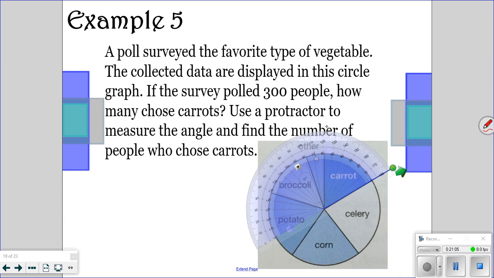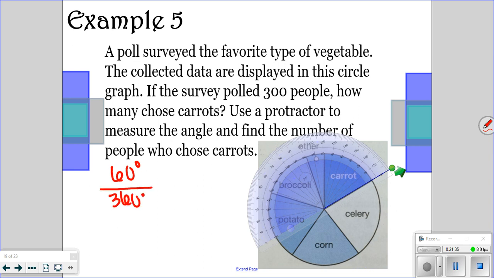Let's see if it'll let me draw here. I don't think it will. But this angle here, it looks like it's really close to 60. So what did I say? Don't try and estimate, like just estimate it. Don't try and make it an exact number. So we're going to say it's a 60-degree angle. And so how many degrees are in a total circle?